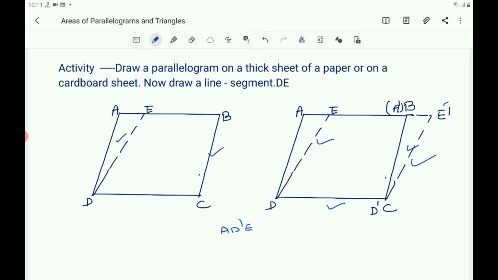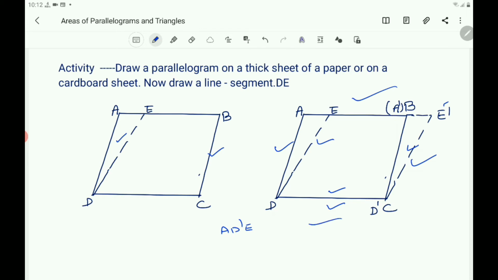Here you can observe two parallelograms, one is ABCD and the other one is EE'CD, and they are on the same base DC. These two parallelograms ABCD and EE'CD are on the same base DC and between the same parallels AE' and DC.